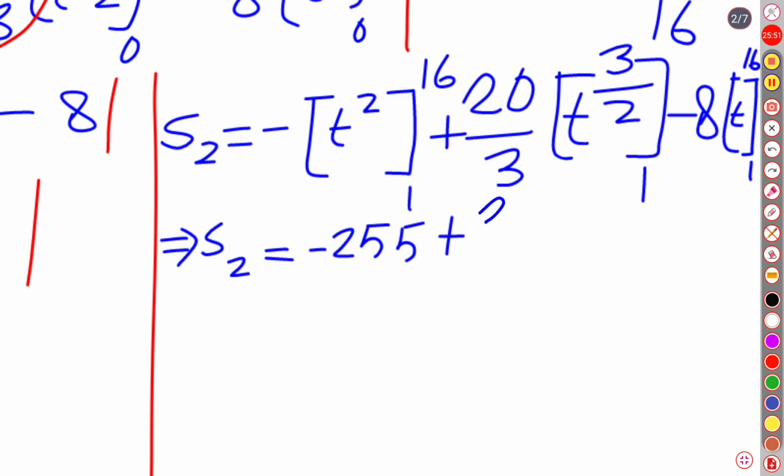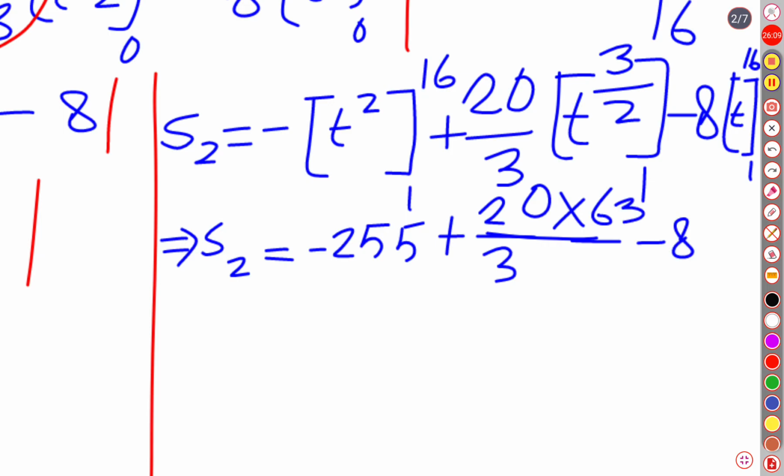So 20 over 3 into 64 minus 1, so 64 minus 1 is 63. Well, 63 minus 8 into 16 minus 1 means actually 15.